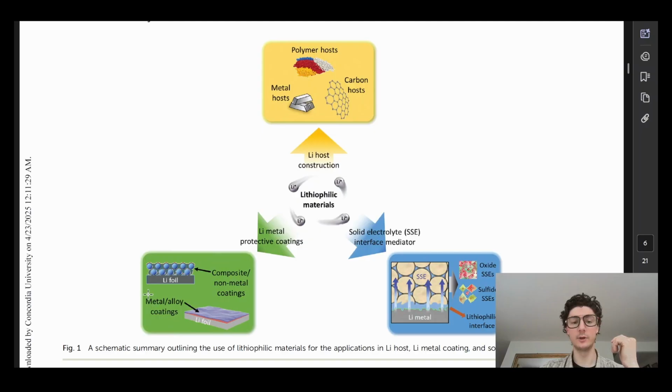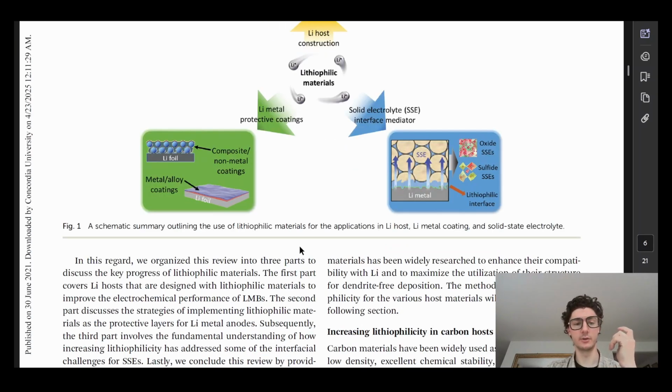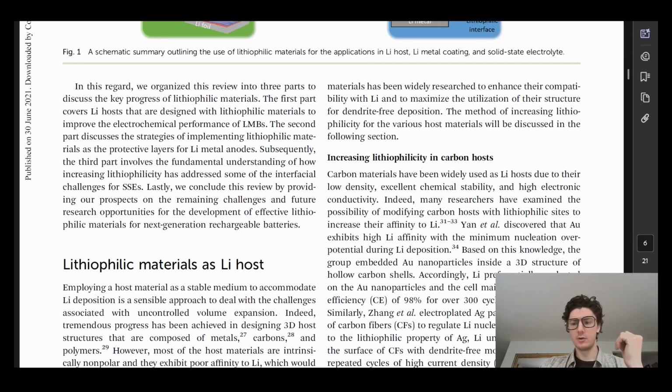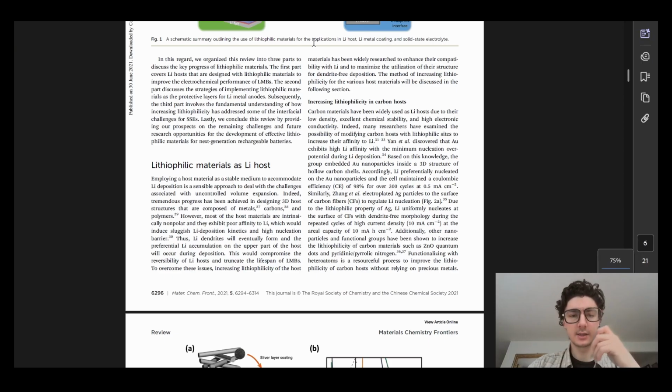So this is, I think, what we've been looking at, some kind of coating onto the lithium foil. And then we got solid electrolyte interface mediator, oxide, sulfide, lithophilic interface. So maybe it's like a combination of these two. I'm actually not sure. Maybe a combination of all these three is what we've been looking at in the previous articles.